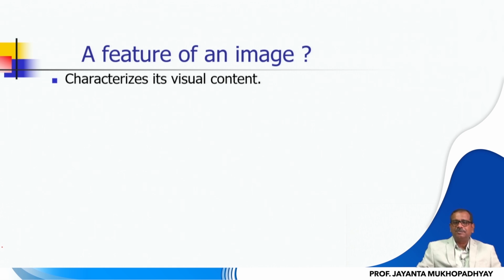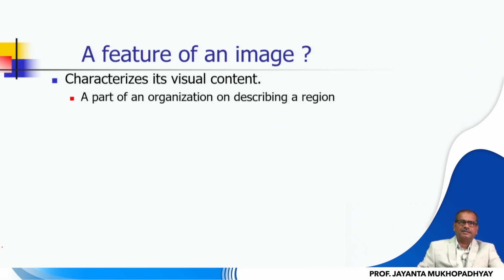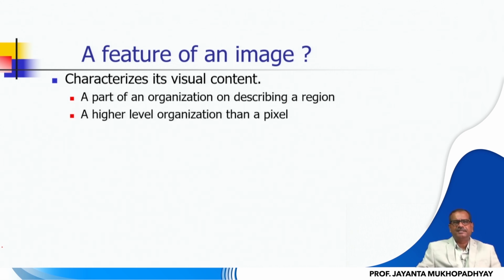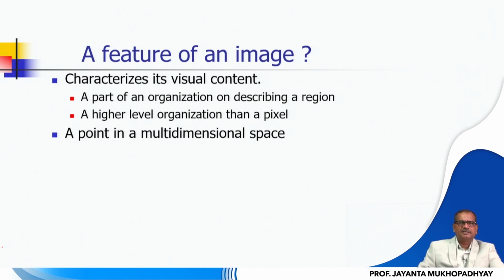So, a feature should be something above the pixel level description of what we have in the image, and that is why I said that it characterizes its visual content. This content could be part of an organization or describe a region; as I mentioned, it is a higher level organization than a pixel.